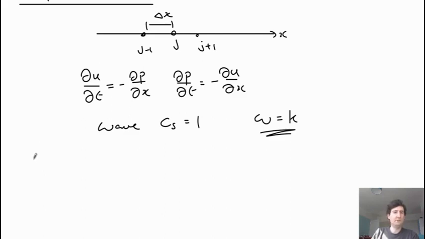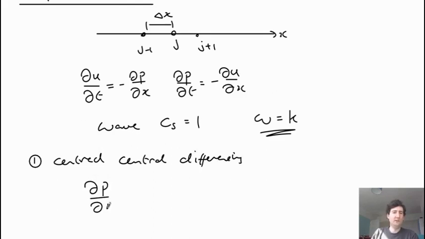So first, we'll do centered. That's just central differencing. And so we'll just write that dp by dx at grid cell j is roughly p at j plus 1 minus p at j minus 1 over 2 delta x.